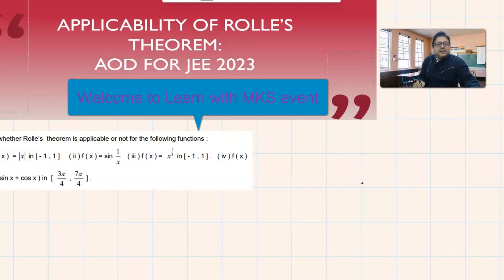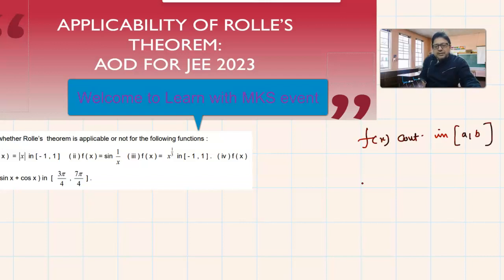We finished the last session on Rolle's theorem, and we did some simple application of Rolle's theorem by remembering the fact that a function f(x) must be continuous in the closed interval [a, b].